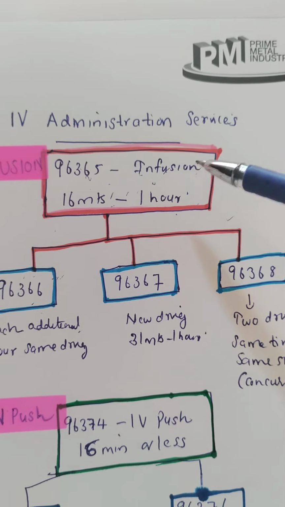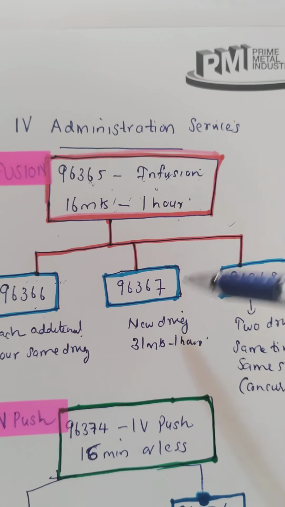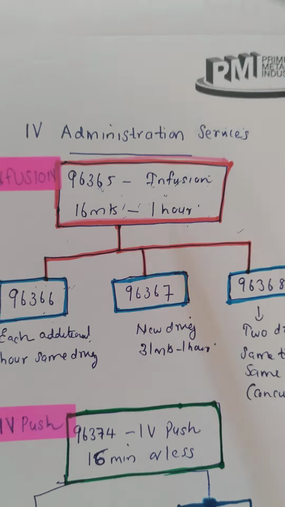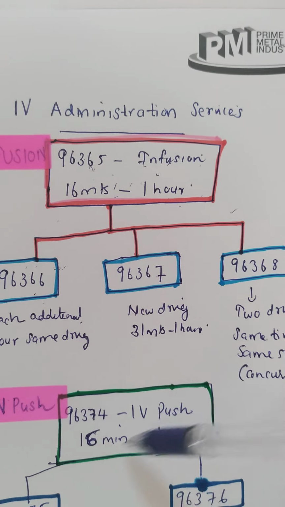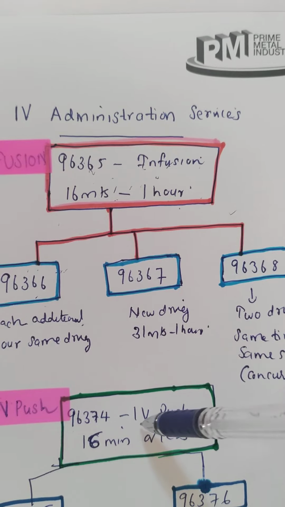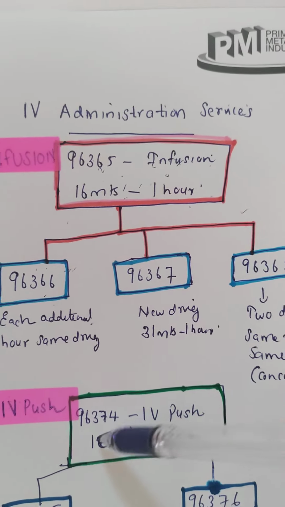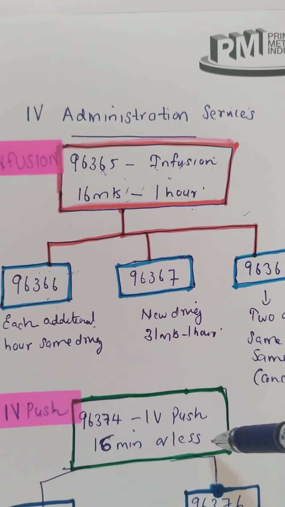We cannot use this infusion code; rather we can use the IV push code. It is 60 minutes or less, so we should use 96374 as the IV push code. So we have to down code this and use 96374.